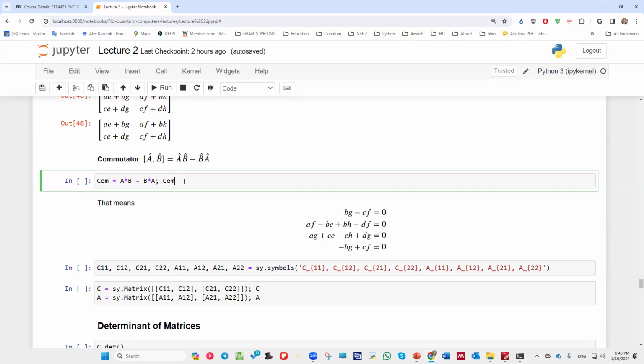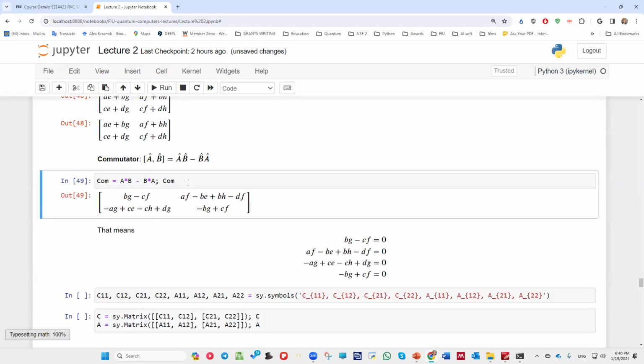And in order to check whether the matrices commute or not, where commuting means that the order doesn't matter, we can introduce this commutator, presented like this, which is simply the difference between the two options, right? A times B minus B times A. So I can calculate something like this for the two matrices I just introduced. And here is the result. So we see that in general, two matrices are not commuting.